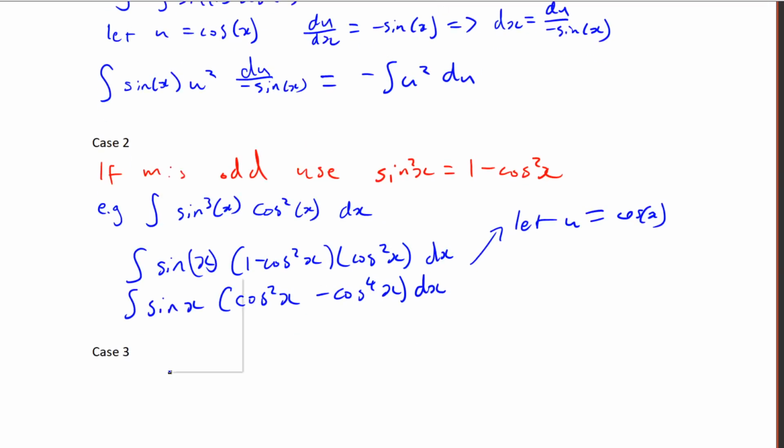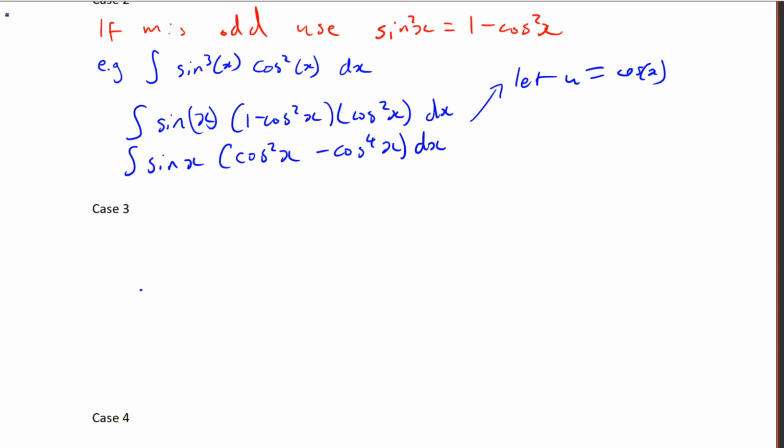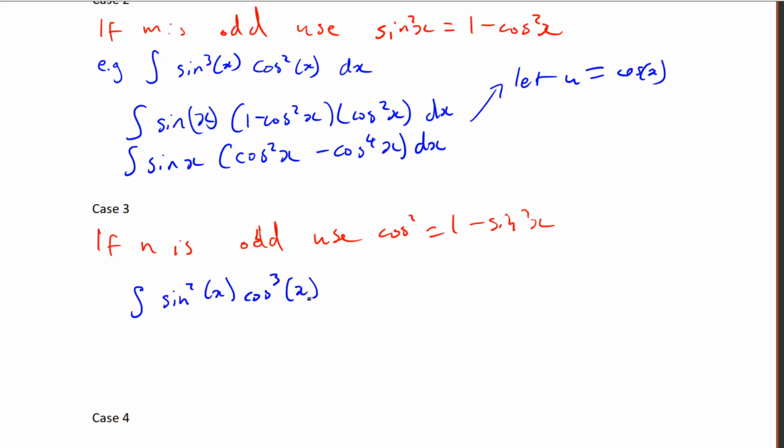Okay, and then for the third case, it's very similar to the second case. So if n is odd, instead of using sine squared equals 1 minus cos squared, you use cos squared equals 1 minus sine squared. So for example, if you had sine squared x cos cubed x, it's just a reverse example of case 2, where I had sine cubed cos squared, now I have sine squared cos cubed.